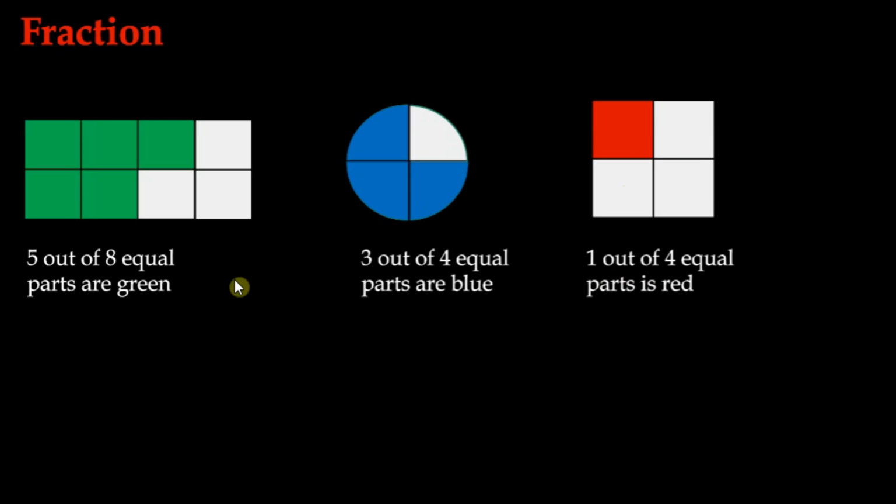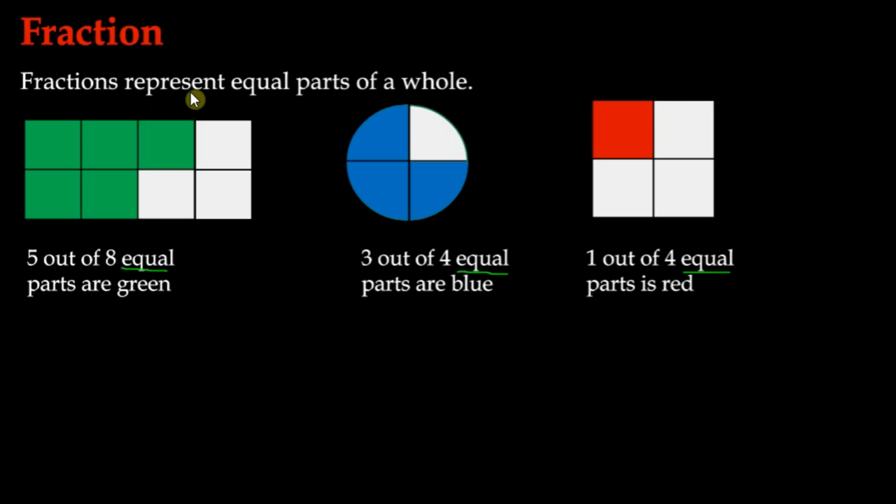Now when we are saying equal parts, the word equal is very important in fractions because fraction represents equal parts of a whole. So when a whole is divided into equal parts, each part is considered as a fraction of the whole. So a rectangle here is divided into 8 equal parts.